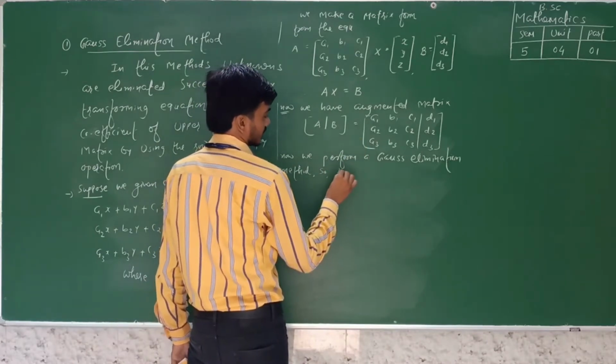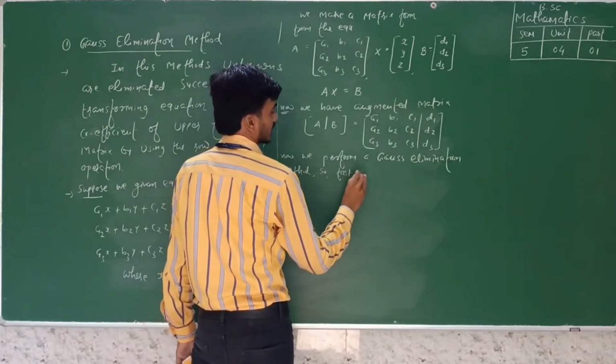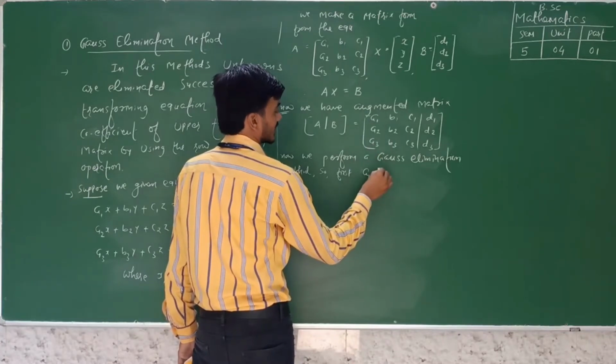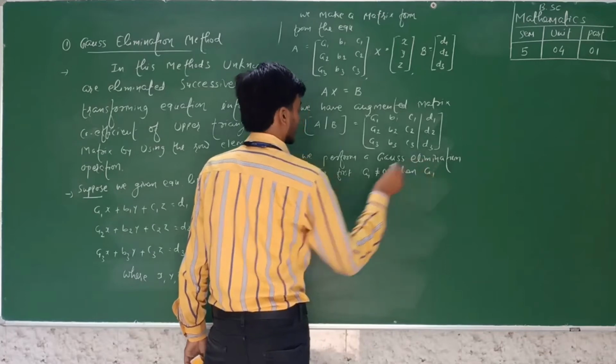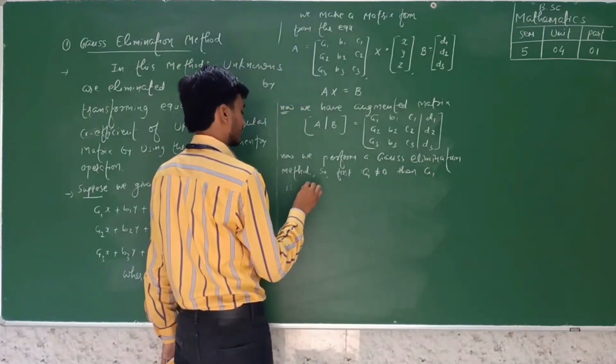So first, A1 is not equal to 0, then A1 is pivot.